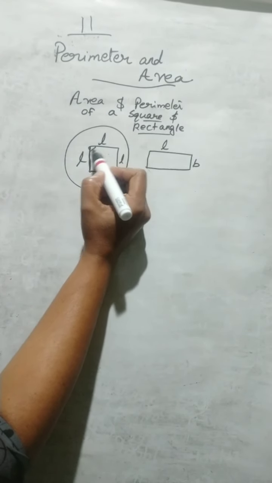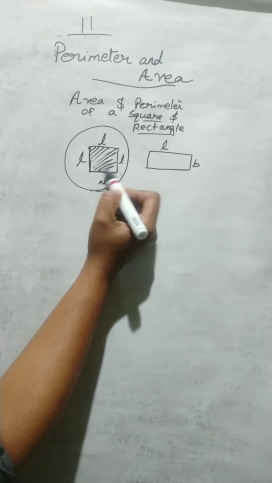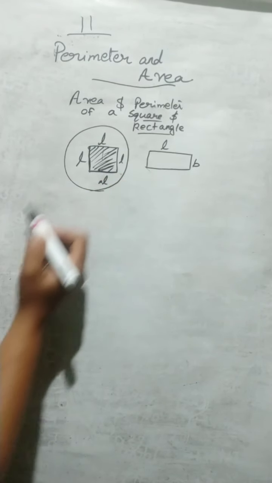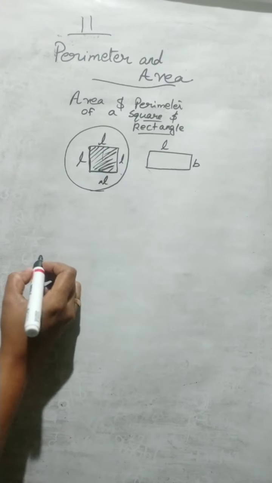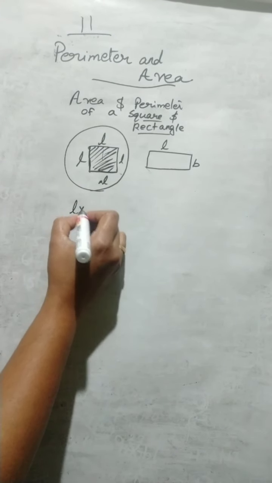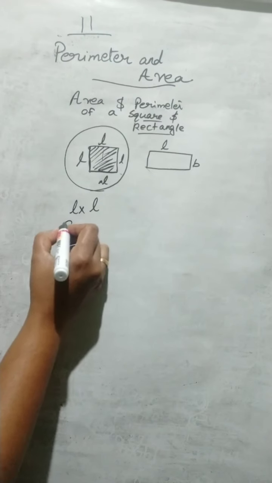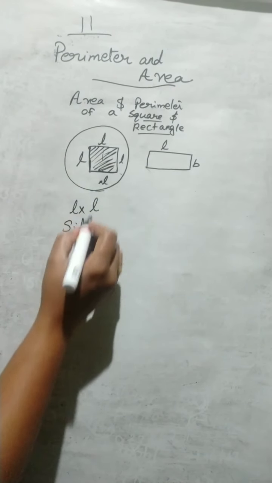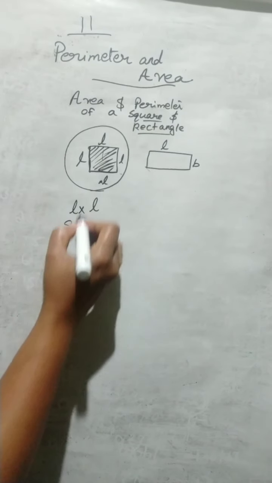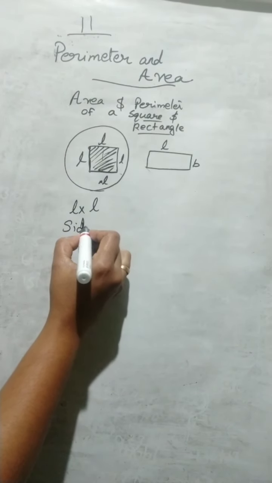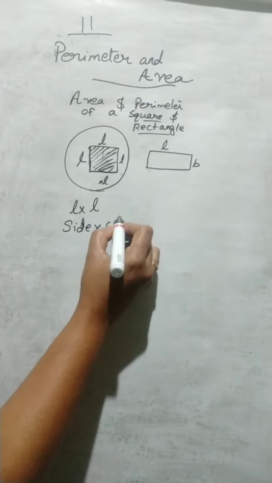Now for this square, the area is the shaded part. Then how can we find this one? Here length into length, or side times side, where L represents the sides of the square.